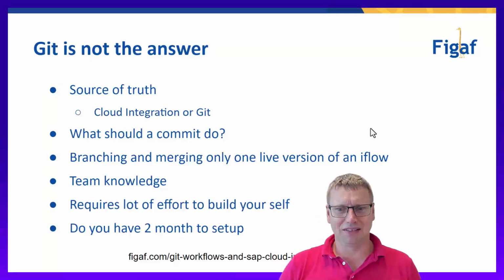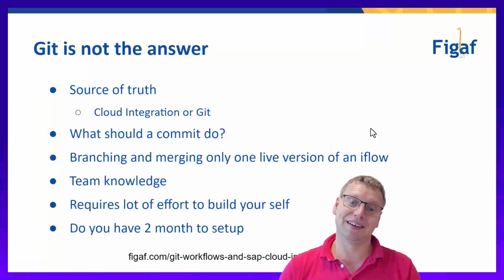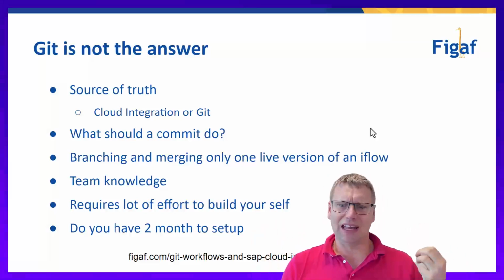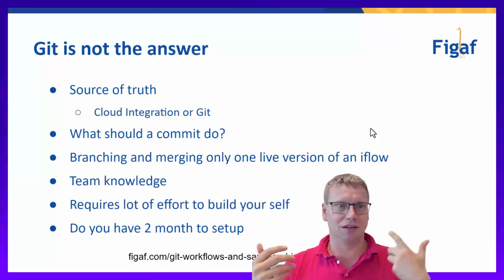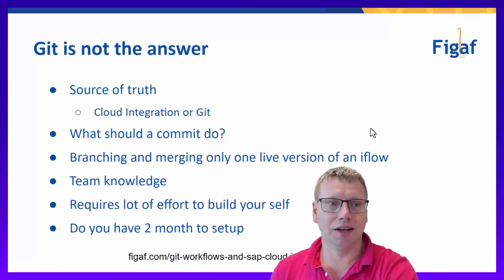And there are a lot of challenges. One is obviously where the source of truth is, the Git or the Integration Suite, and you need to be working with both of these simultaneously, which is part of what makes it a little difficult.